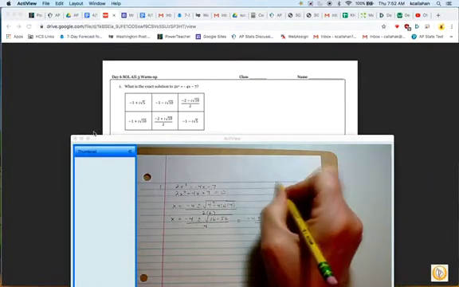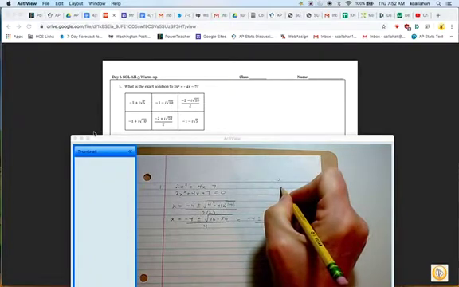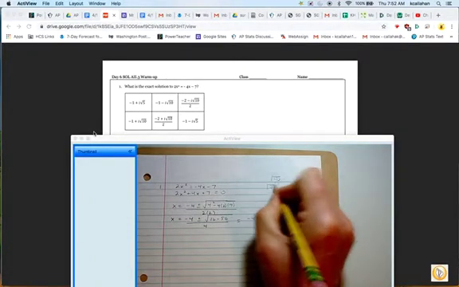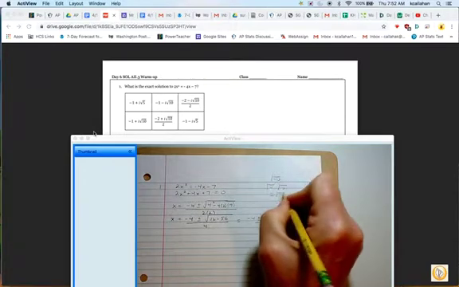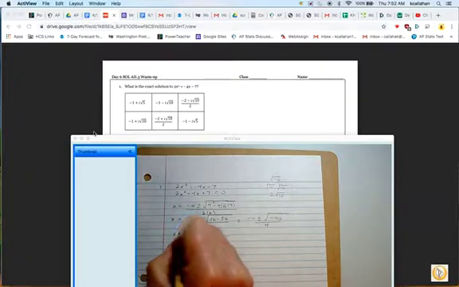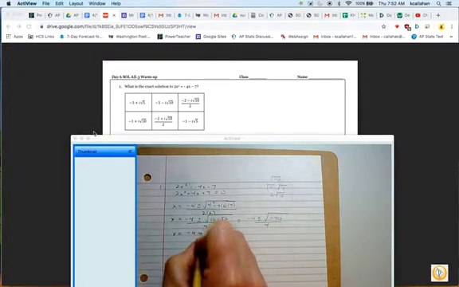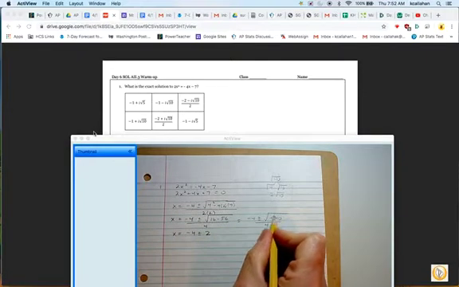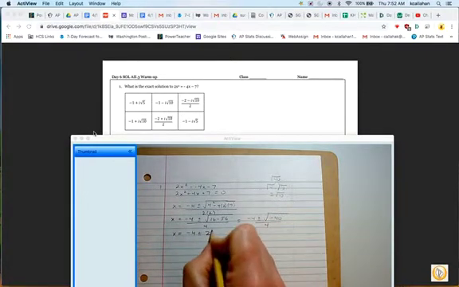Well, 40 is 4 times 10, which makes the square root of 40 2 times the square root of 10. So negative 4 plus or minus 2 times the square root of 10, but we also have a negative inside, so that comes out as an i.